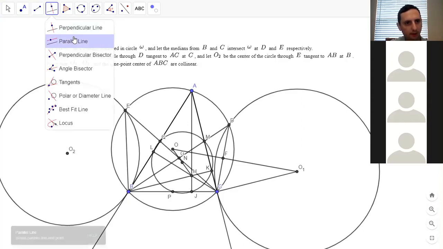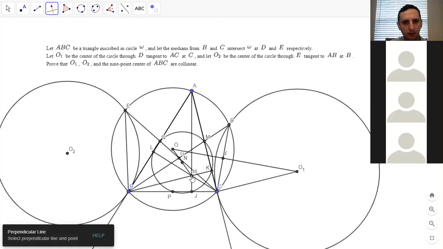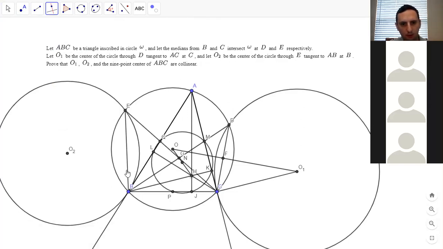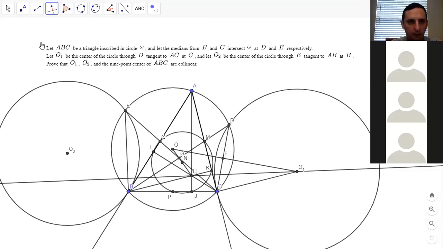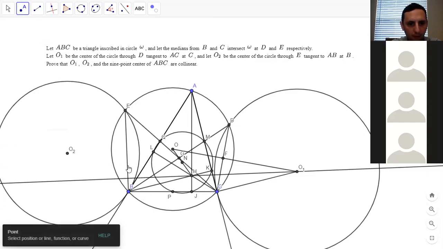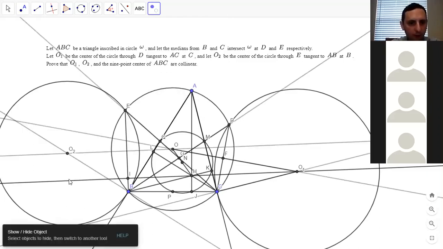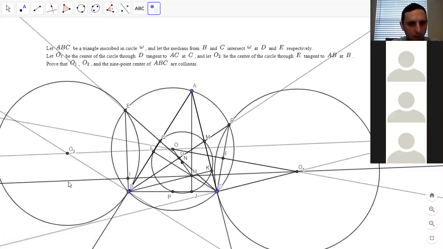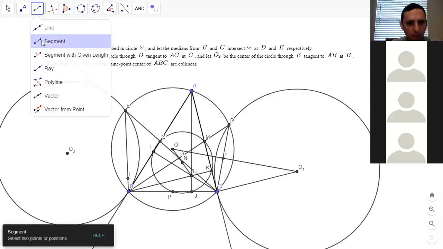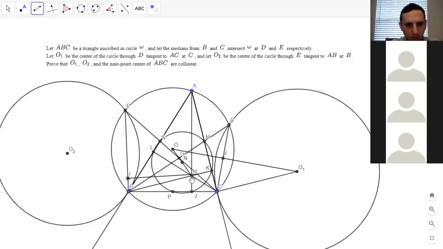So draw perpendicular from H to BE. Basically, we want to show that three perpendiculars concur, right? I wonder if there's something, you know, orthologic triangles. So we want to show HIOF and the perpendicular to AC concur.